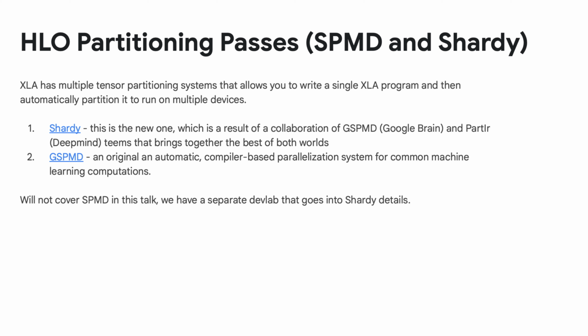And GSPMD is something that was done in XLA originally a couple of years ago. It works on HLO representation, and it has a couple of limitations. It's very complicated. It's very hard to understand. So Shardy is the new shiny thing that is much easier. If you're interested in partitioning, I recommend looking at Shardy, although the GSPMD paper is pretty interesting and very easy to read.